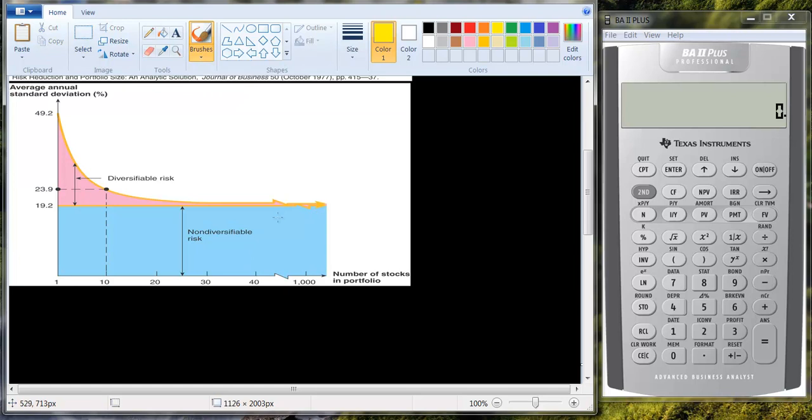So we define total risk of the portfolio as being made up of diversifiable risk and non-diversifiable risk.